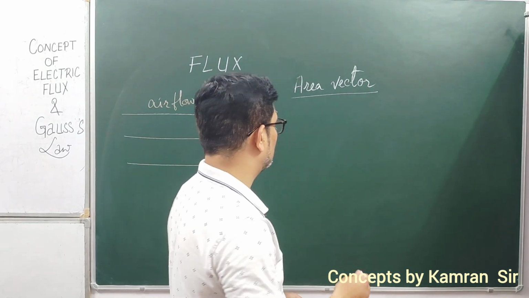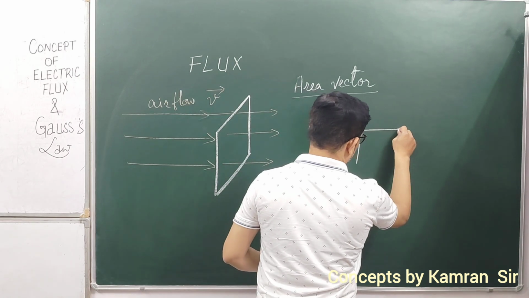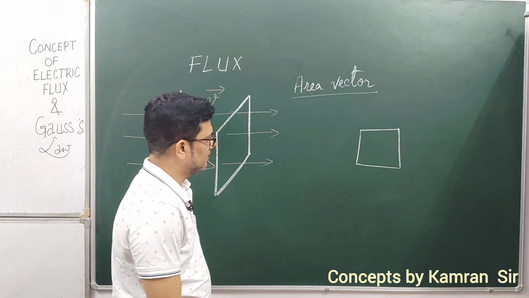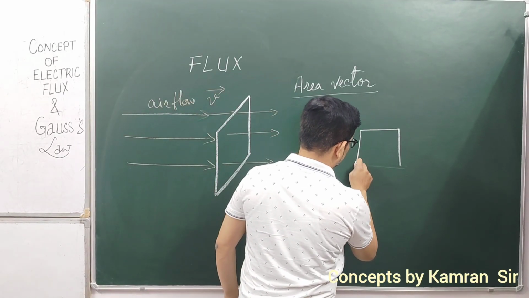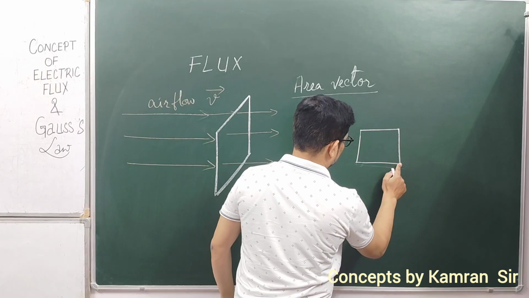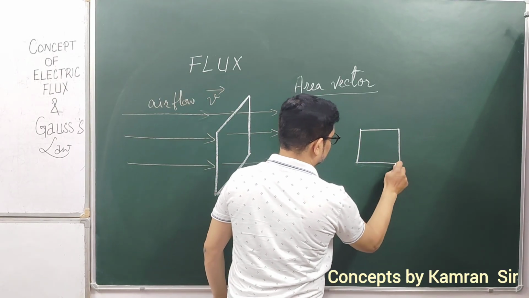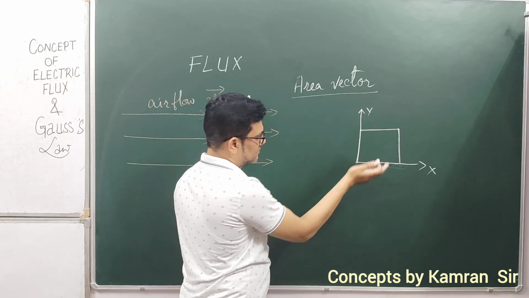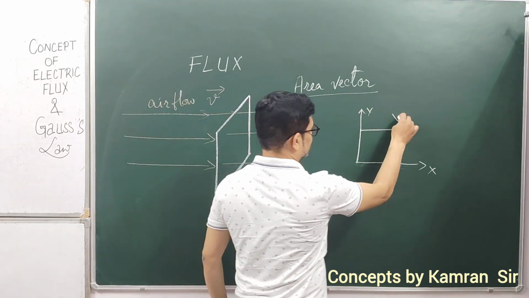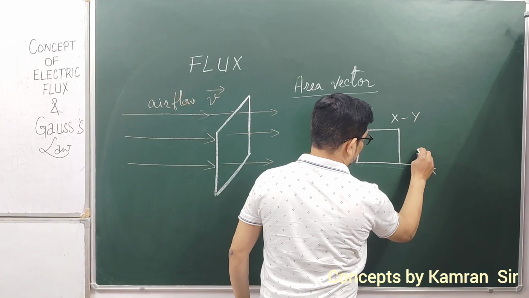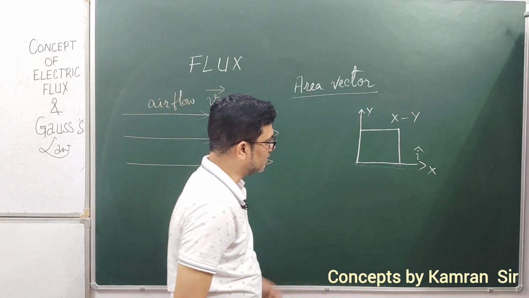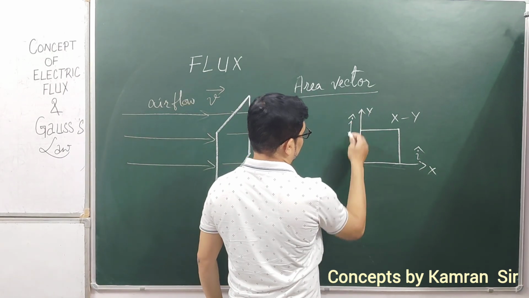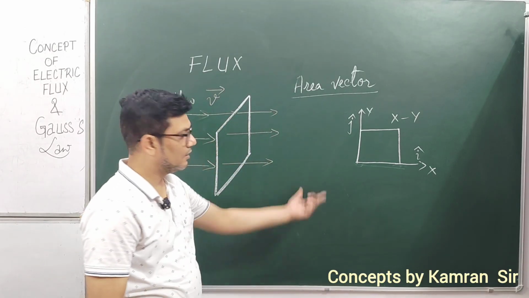Suppose we imagine a square or any rectangle of this kind, and we associate some references. Suppose this is lying on a plane, and this marks the x-axis, this marks the y-axis. So this is facing in this positive x and y plane, this is the xy plane, right? And here we associate the unit vector along the x-axis as i cap, and j cap, a unit vector along the y-axis.